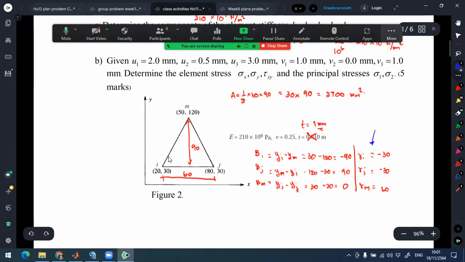I recommend you give the detail by yourself when you submit the class activity.